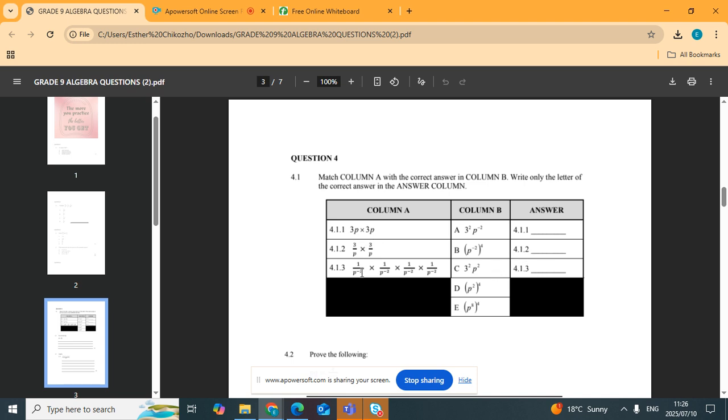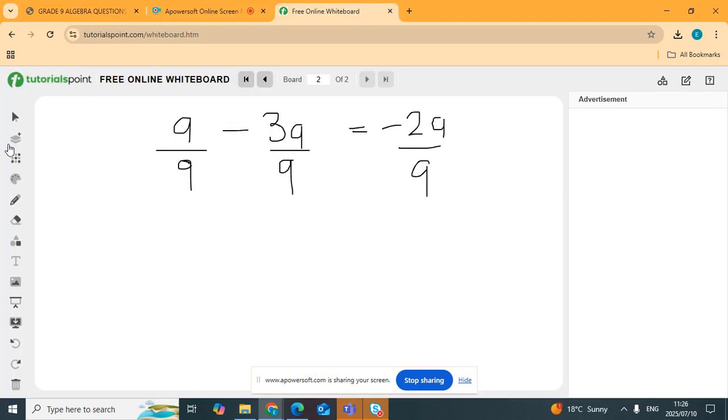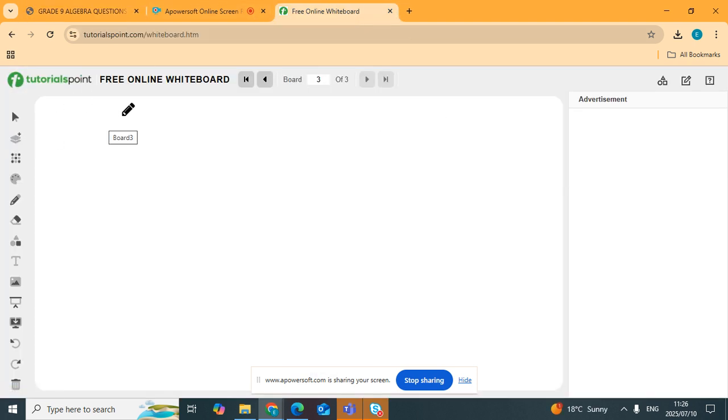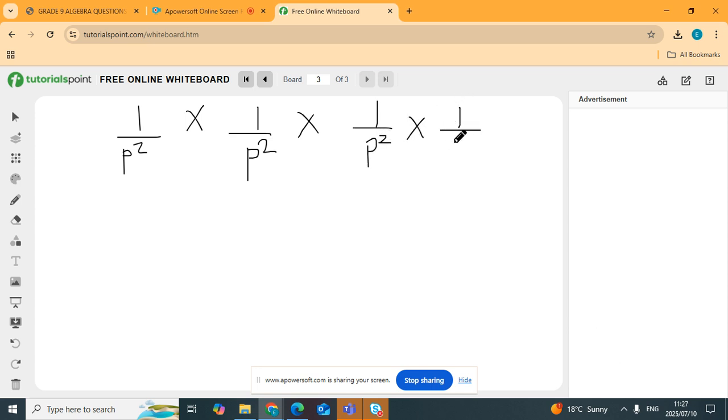You've got 1 over p to the power of minus 2, times 1 over p to the power of minus 2, times 1 over p to the power of minus 2, times 1 over p to the power of minus 2. For this one, let me actually do it on the whiteboard. So we've got 1 over p squared times 1 over p squared times 1 over p squared times 1 over p squared.